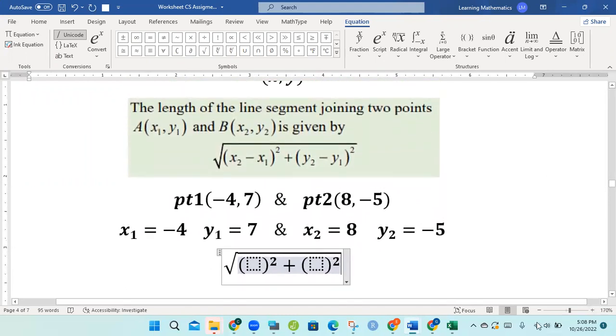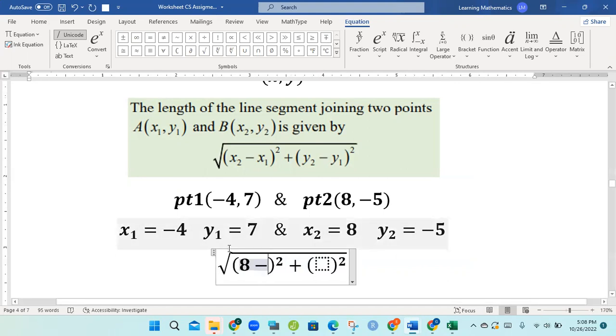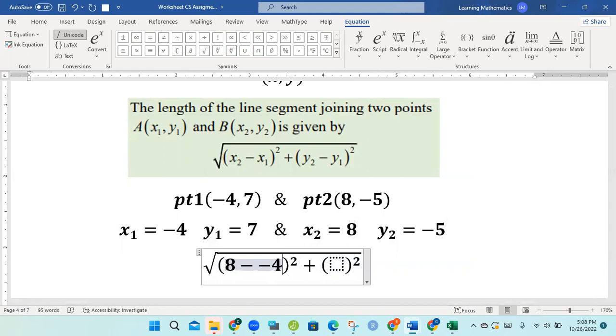As I'm doing this, you can do this with the example in the question. So it says x2 minus x1. So in this bracket there, we have to put x2 minus x1. x2 is 8, minus x1 is a negative 4. The formula comes with a minus already. So it's 8 minus minus 4.